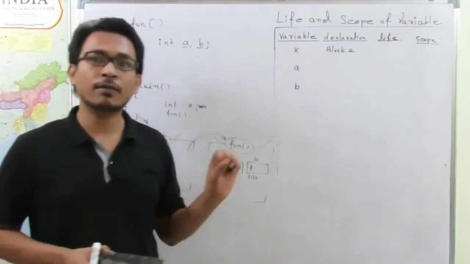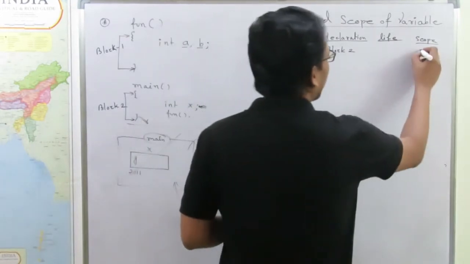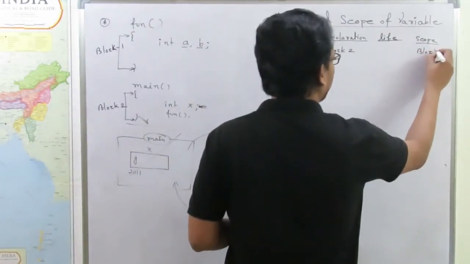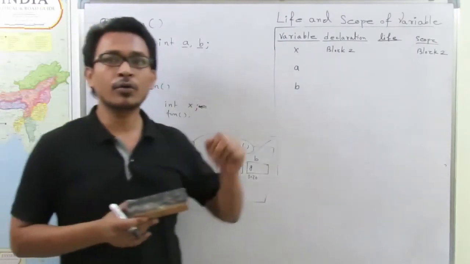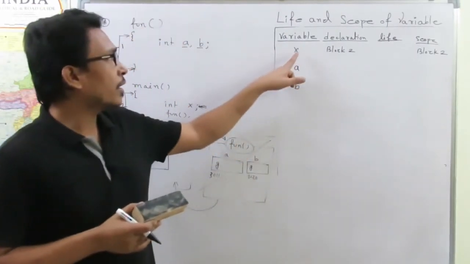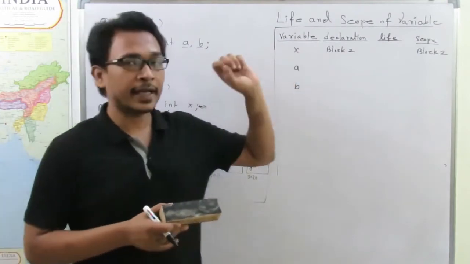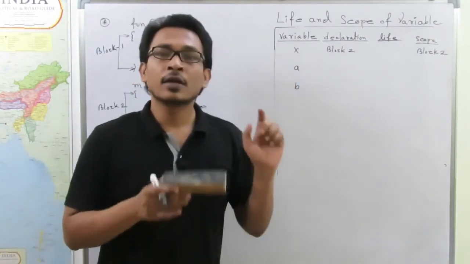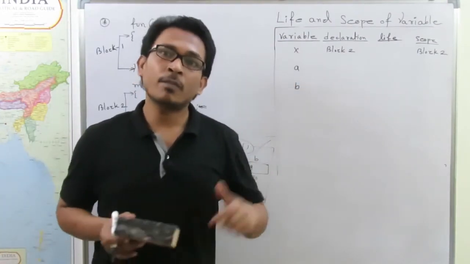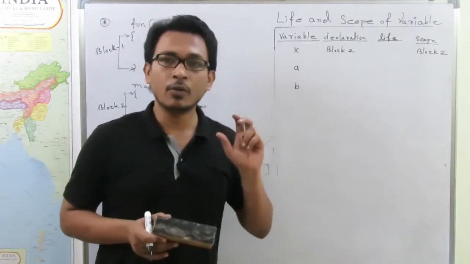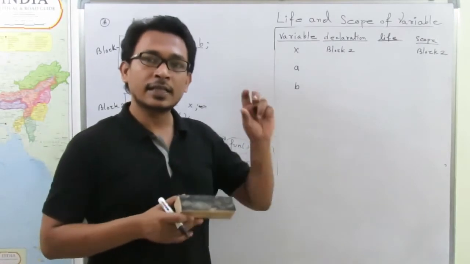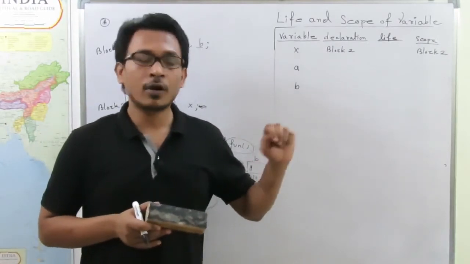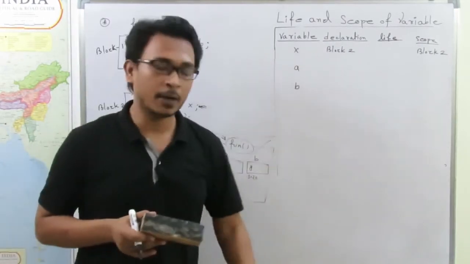That means the scope of the variable is only block 2. Now how long can we access this variable x? We can access it until we come out from block 2. Within block 2 we can access this variable x, because block 2 is the scope of this variable.